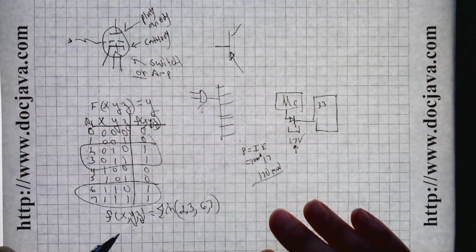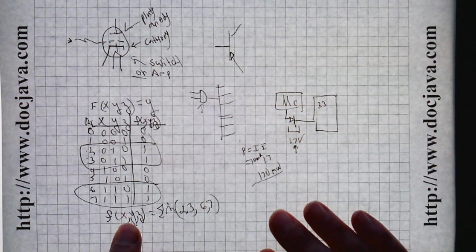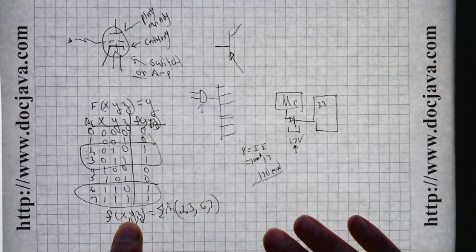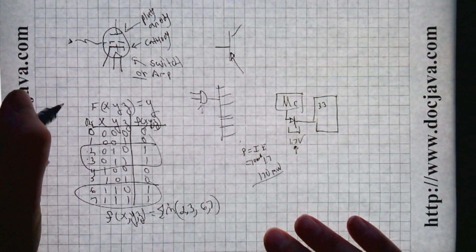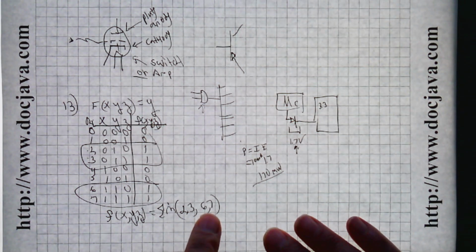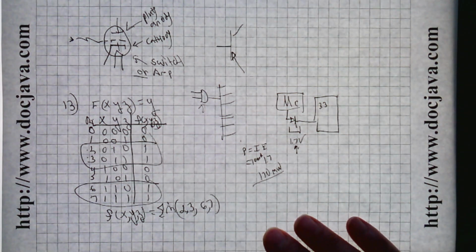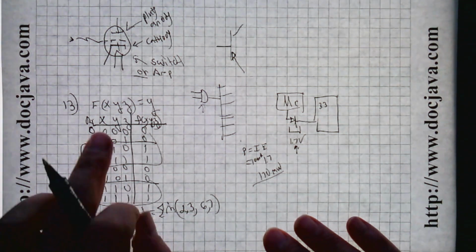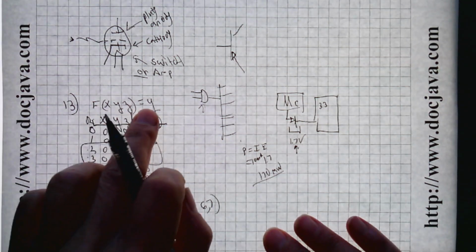What do you think of that? So that's how you do that. Is that sort of sensible? Okay. Yeah, this is number 13. That's what you asked for, right? And the answer is 2, 3, 6, 7.